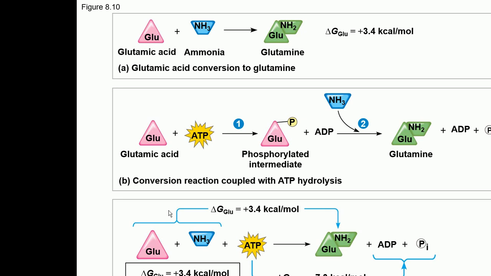This is an example of a coupled reaction in which glutamic acid plus ammonia get converted into glutamine, and the delta G is positive 3.4, and for the hydrolysis of ATP, the delta G is minus 7.3. So it's an exergonic reaction. So the coupled reaction's delta G will be minus 3.9. So the coupled reaction is a spontaneous reaction because the delta G of the coupled reaction is negative.